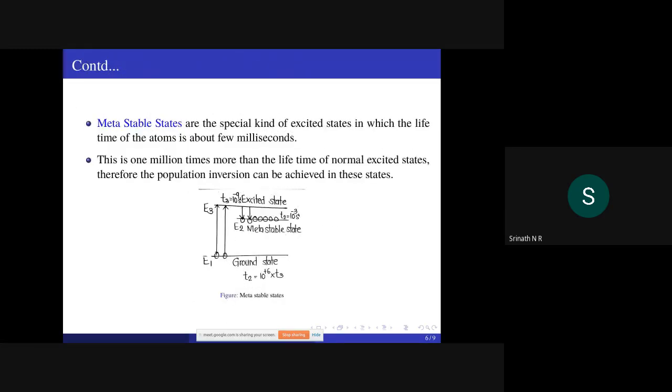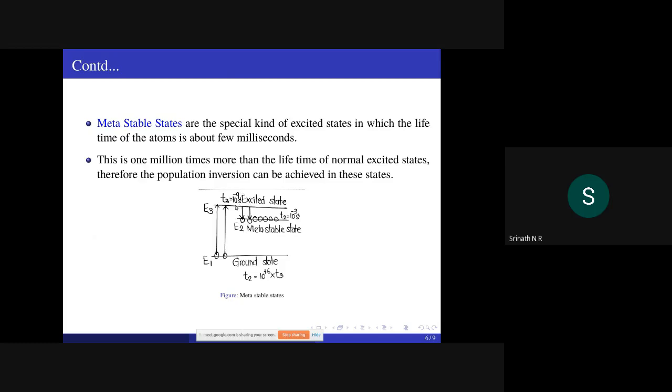So how to get more atoms in the excited state, that we discuss here. You can observe in this figure E1, E2 and E3 are the energy levels. When we lift the atoms from E1 to E3 by giving energy of photons, equal to E3 minus E1 equals h nu, when the atoms are excited to E3, since E3 is highly unstable, the atoms do not spend a long time.